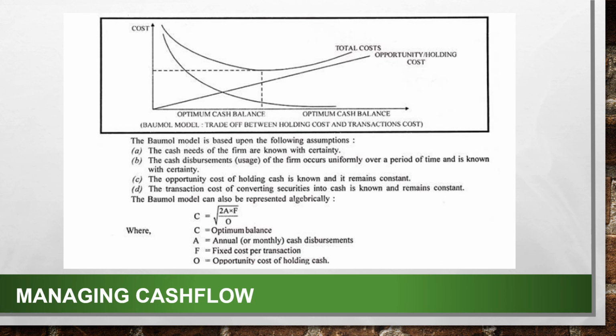In EOQ, we are familiar with this square root formula, so here it is still the same. 2AF: 2 multiplied by the annual or the monthly cash disbursement times the fixed cost per transaction, divided by the opportunity cost of holding cash.